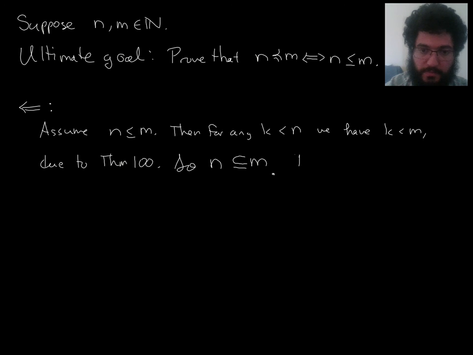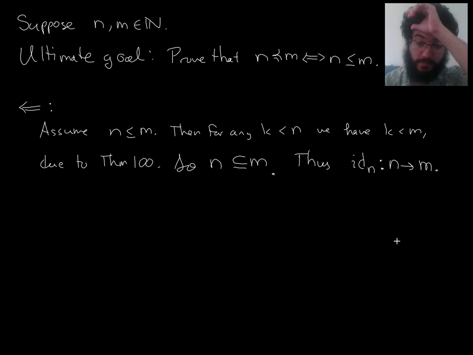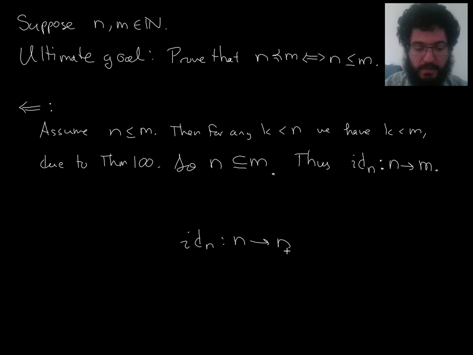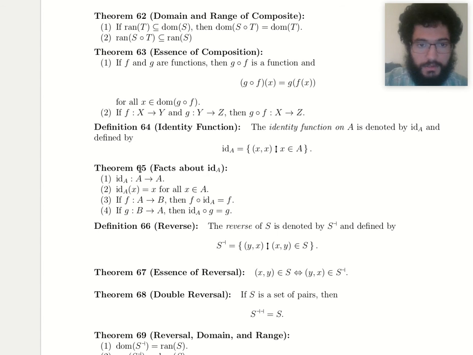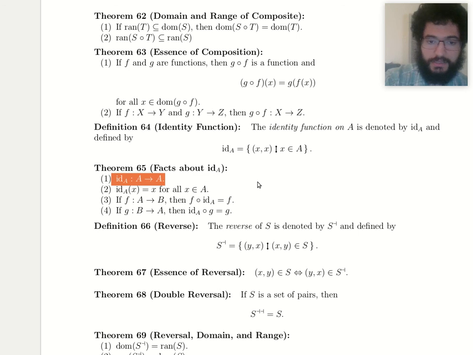Now, that means the identity function on n maps n to m, right? So normally, what do we know about the identity function on n? It maps n to n, right? This is what we know just from our earlier basic facts about the identity function result back here.